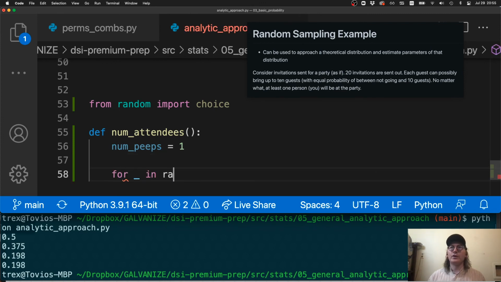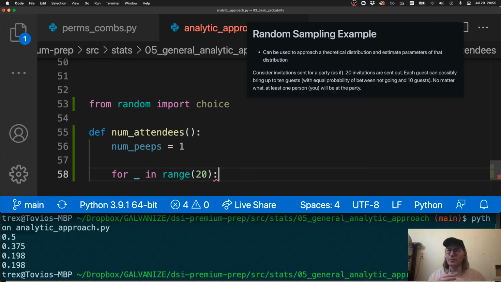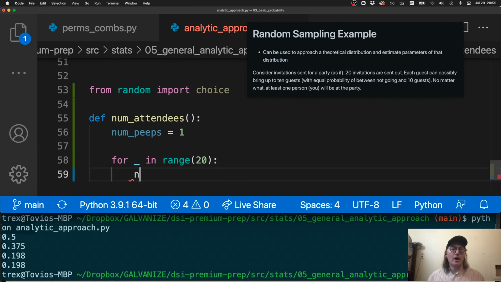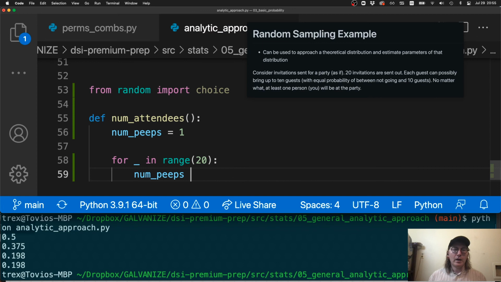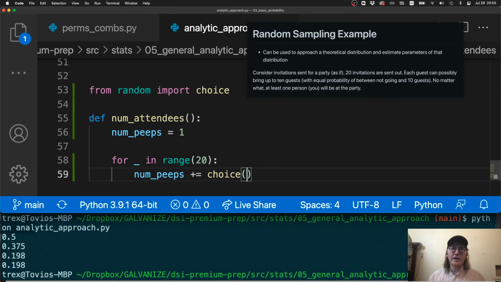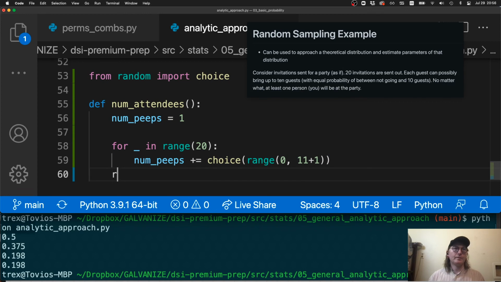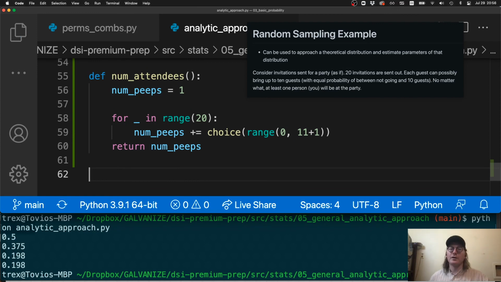And then I'm going to say for whatever in range 20, because there are 20 invitations that I, as the host, am sending out, the number of people is going to be incremented for each of those 20 people by anywhere from 0 up to 11 people, because it's the person plus 10 potential guests. So this should model that phenomenon.